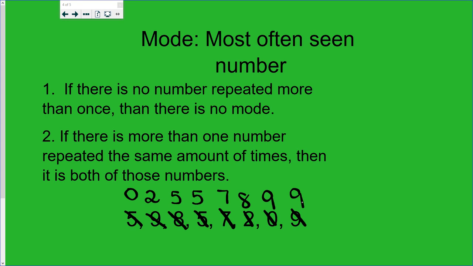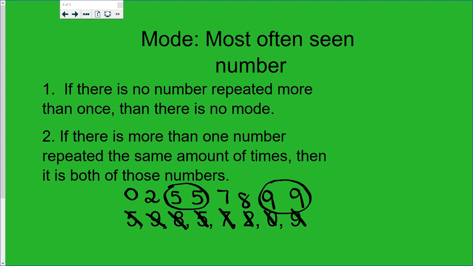At this point, we can use this to figure out which is the most often seen number. I have 2 5s right here, but I also have 2 9s over here. If I had 3 5s and 2 9s, then 5 would be my mode.